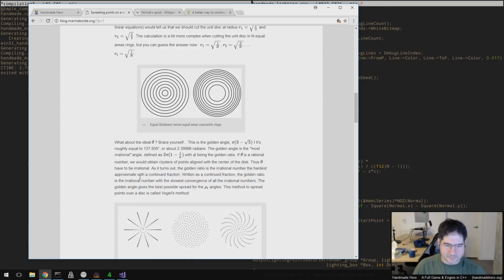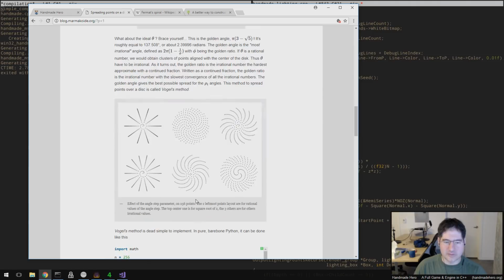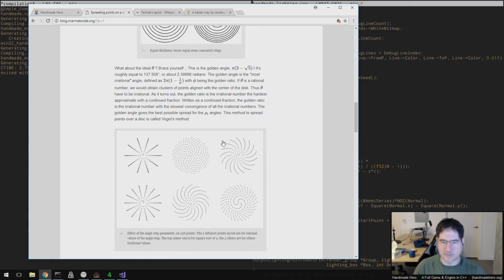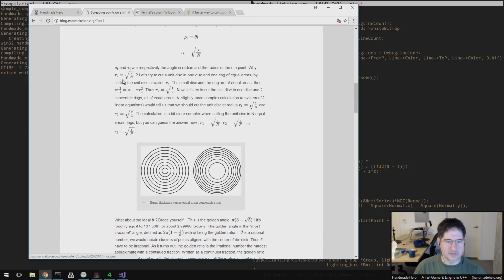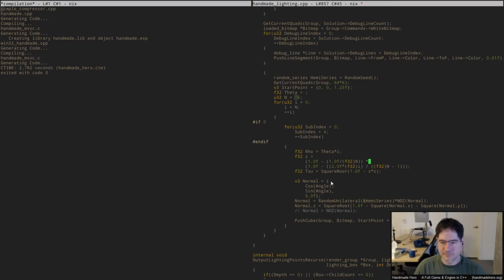So what we want to do here is just put in the approximation for it, because we don't need it to actually be truly irrational in that sense. So what we can do here is just use it as it appears, right? Pi times 3 minus root 5 should be sufficient for us. So let's see here, 3 minus root 5.